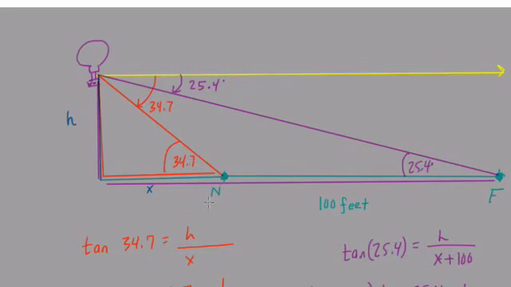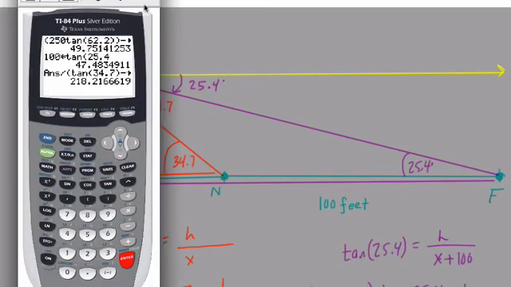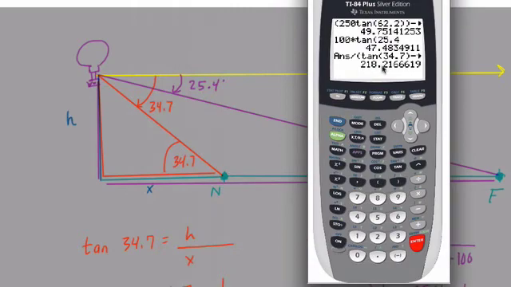So my model here is not to scale, right? Because this x here should be longer than the 100 feet in total. I'm going to use the red equation here to solve it because it's most direct, right? We just do x times the tangent of 34.7 to solve for the height. So how do I do that? Well, I have x here.